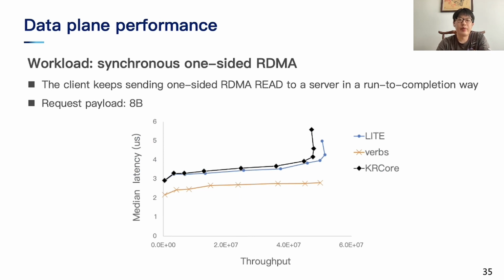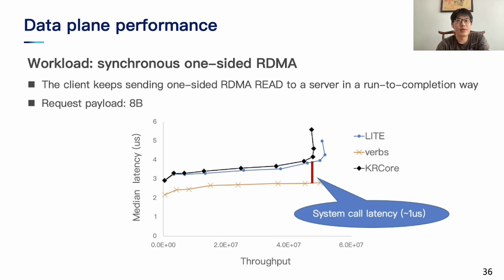Now we show its data path performance on a synchronized one-sided RDMA read benchmark. The client keeps sending one-sided RDMA read requests to a server in a run-to-completion way. We conducted the experiment by increasing the number of clients. As we can see, both KRCore and LITE have a latency increase compared to IB verbs. The overhead has two parts.